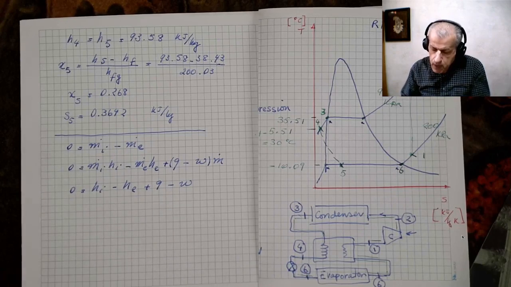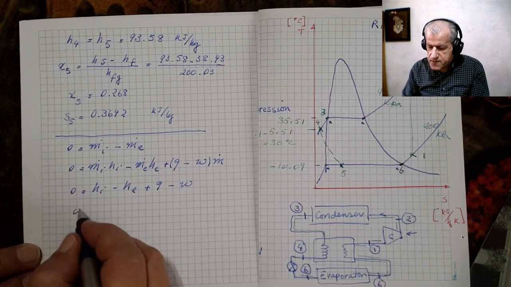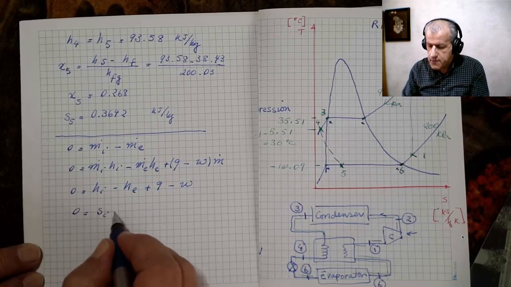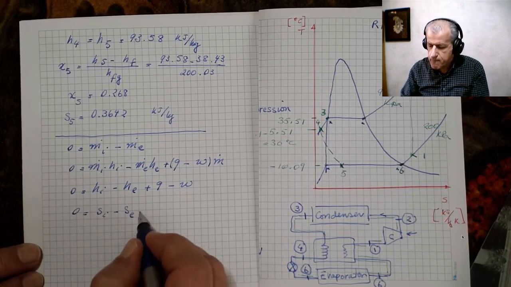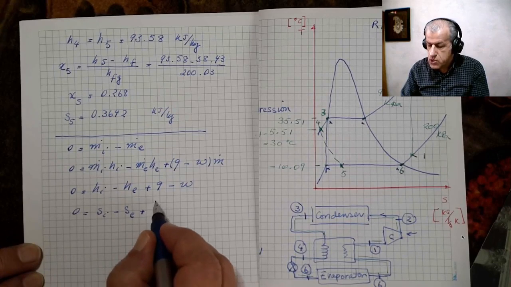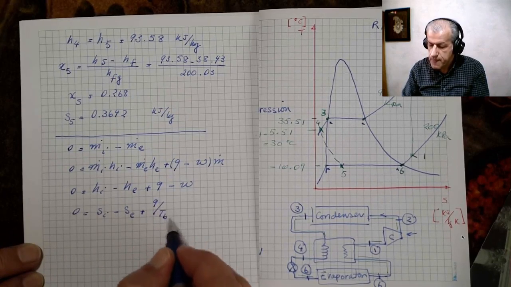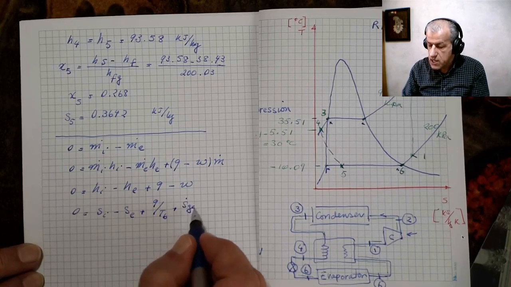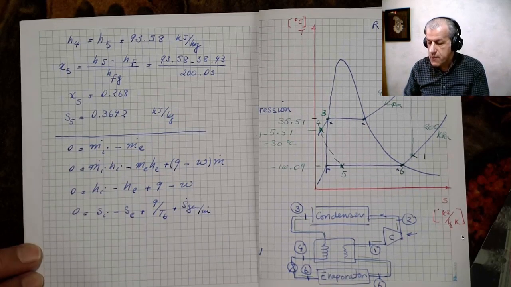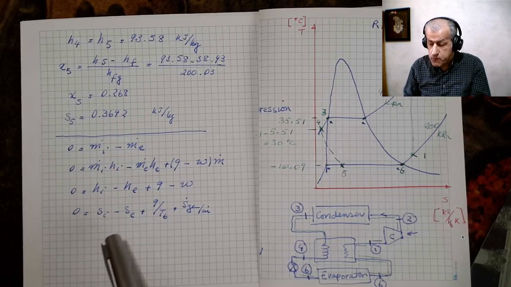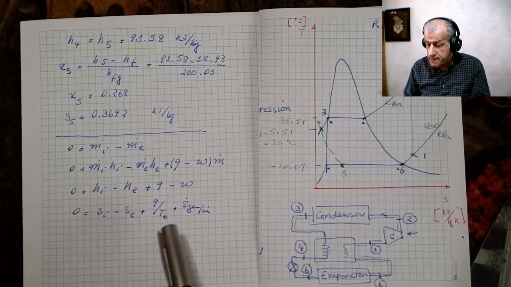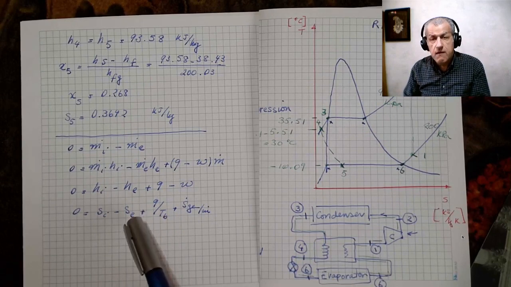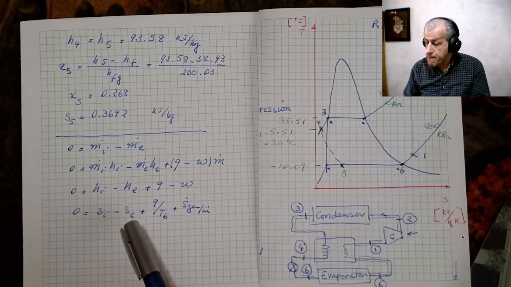Similar way of simplifying the second law, it would be Si minus Se plus Q over Tb plus S dot Gen over M dot. Still, if the compressor is adiabatic, this one vanishes.